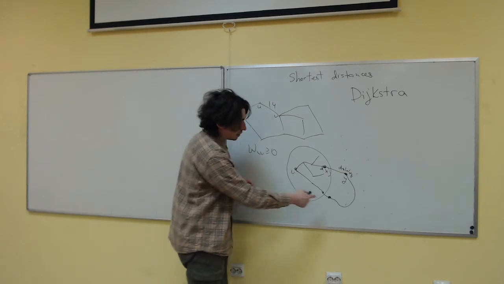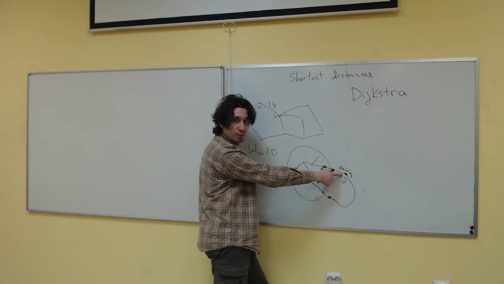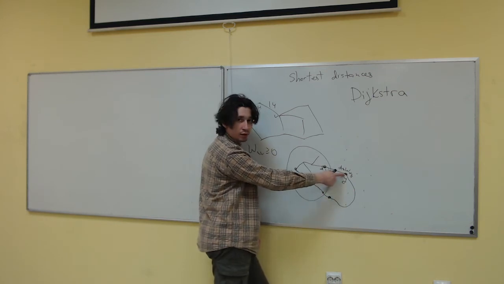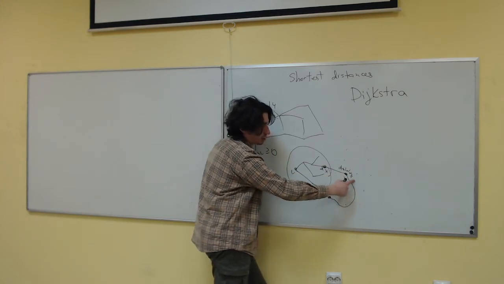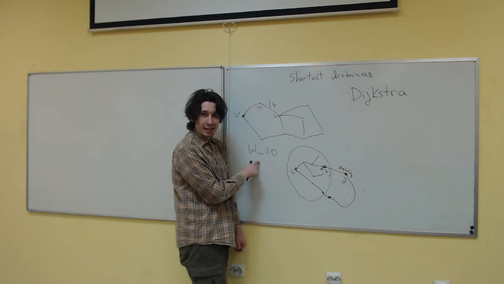We know that this vertex was not the minimum. This one was the minimal distance from this set. So this one is bigger than this distance. And then you add some path which, by the statement of the problem, is at least 0.